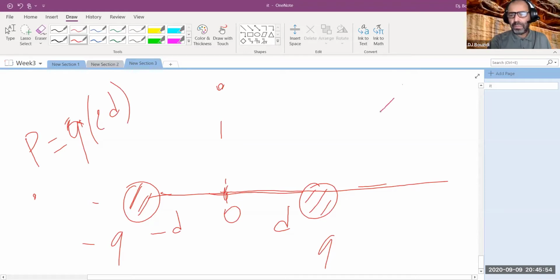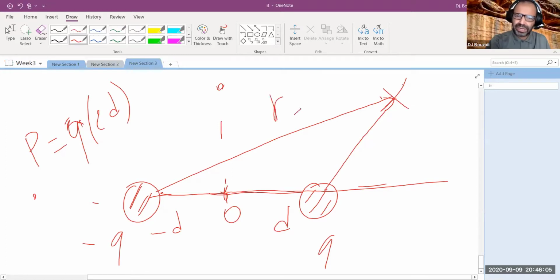So I'm going to go to a point in space, it doesn't matter which, and I'm going to find the potential at that point. This charge, which is negative q, is situated at a vector distance r negative. The charge that I'm assuming is the positive is situated at r positive. The point in space is r.